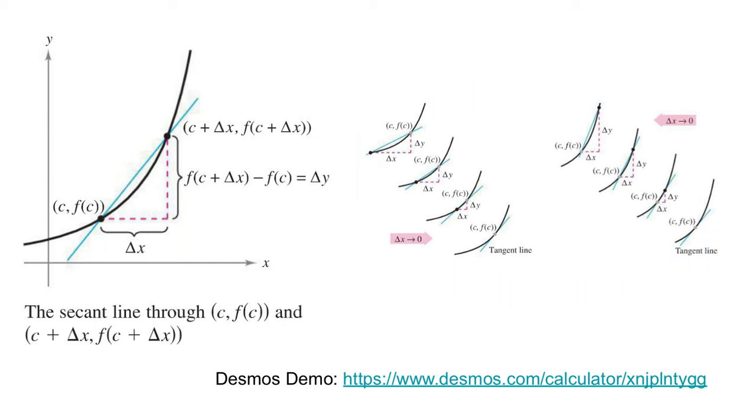In these pictures on the left, you'll see what happens when we make that change in x smaller and smaller. We end up with a tangent line. Or we could think about making our delta y smaller and smaller, and again we end up with a tangent line as well.